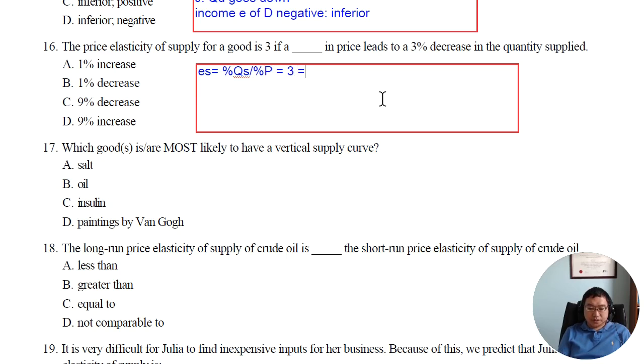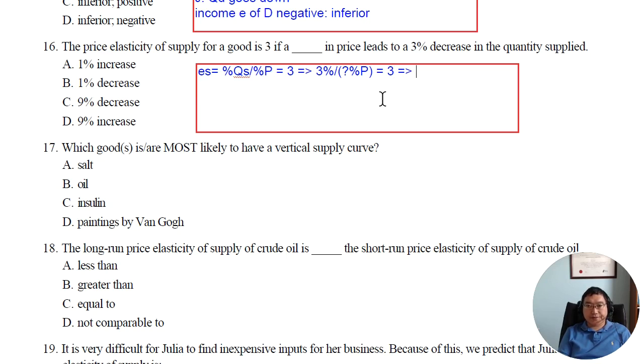We have a 3% change in the quantity supplied divided by the percentage change in the price, which equals 3. What we do is basically solve this equation.